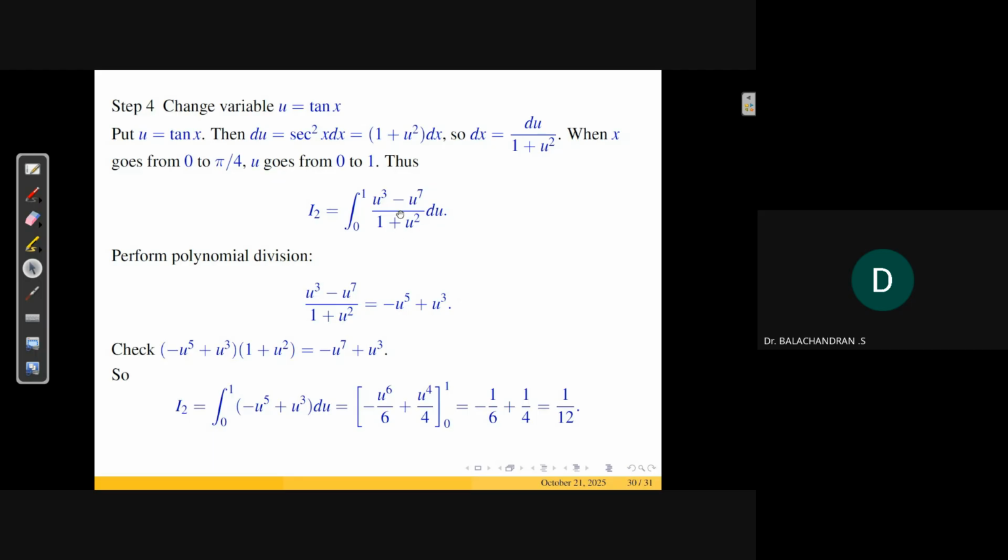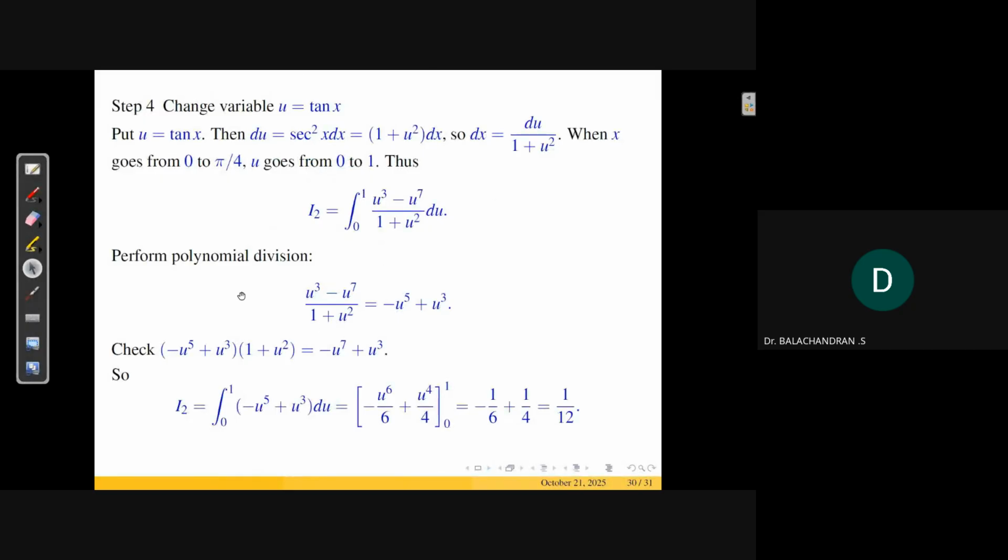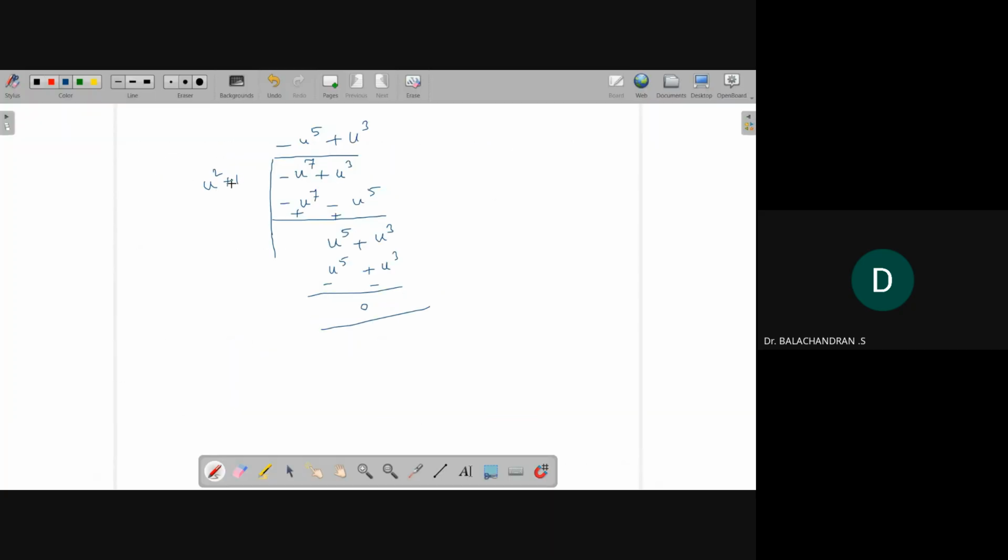Next you need to divide u cube minus u power 7 by 1 plus u square, polynomial division. I write minus u power 7 plus u cube divided by u square plus 1. So minus u power 5 I wrote here.